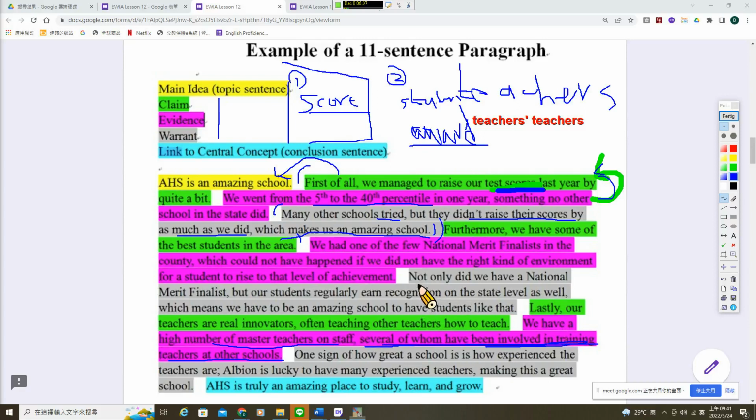So here come the reasons. Not only did we have national merit finalists, but our students regularly earn recognition on the state level as well, which means that we have to be an amazing school to have students like that.